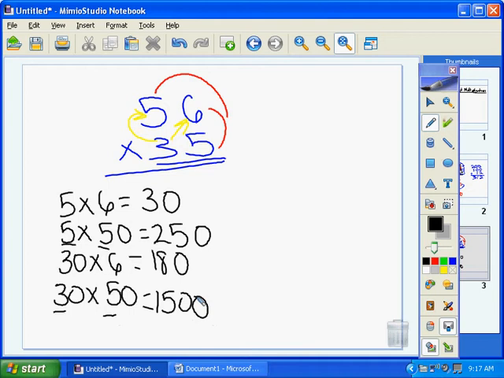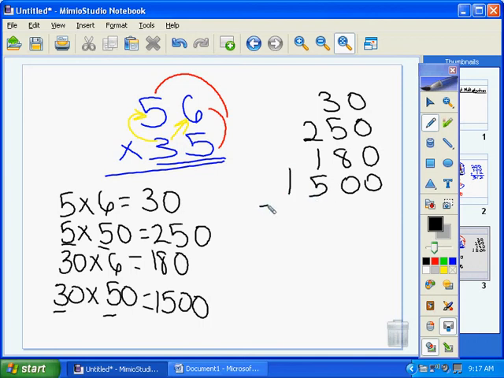So putting them in order can be helpful, but it doesn't really matter. So if I do 30, 250, 180, and 1500, what's really important is that you have your place value. So add my ones column, I get 0.